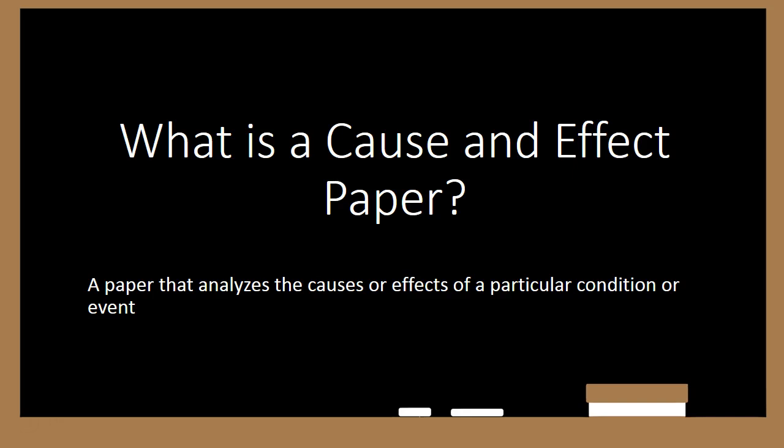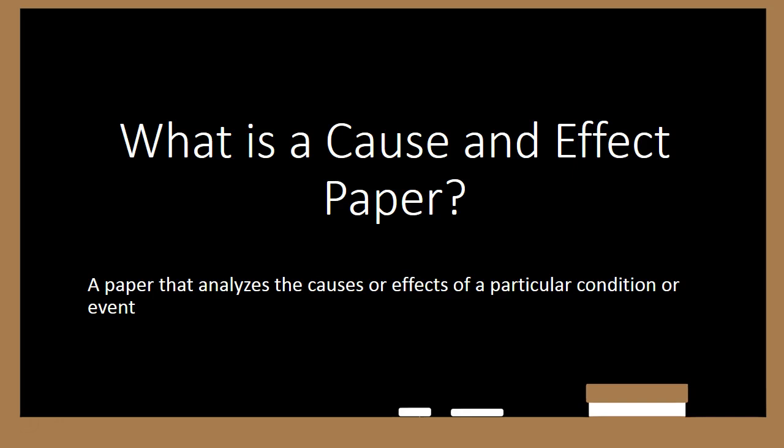May want to look at this. You may also want to look at what has caused a particular event. Instead of looking at what police brutality has led to, you may want to look at things that may have increased instances of police brutality. So there are different ways you can approach this cause and effect paper.